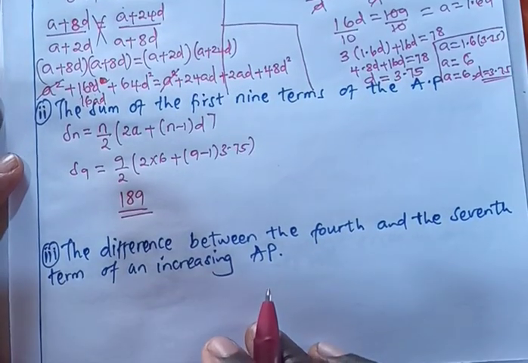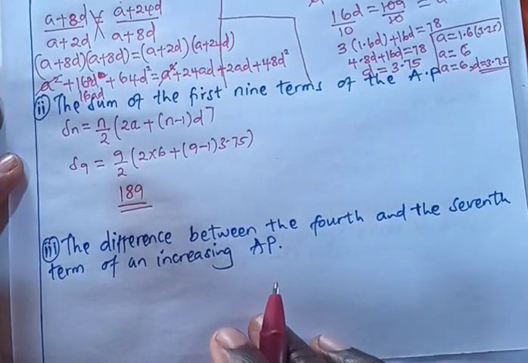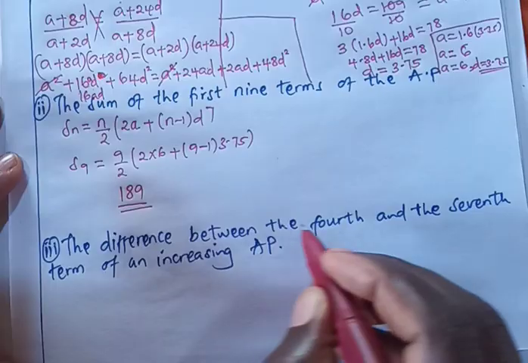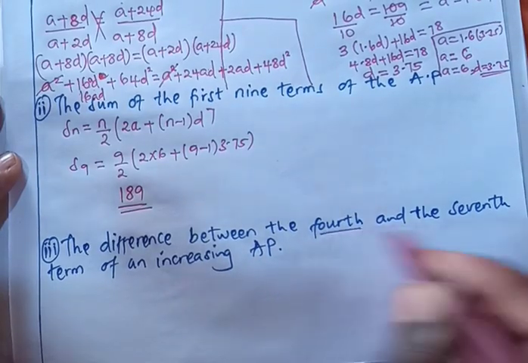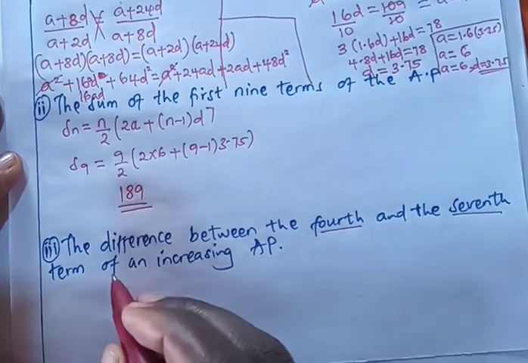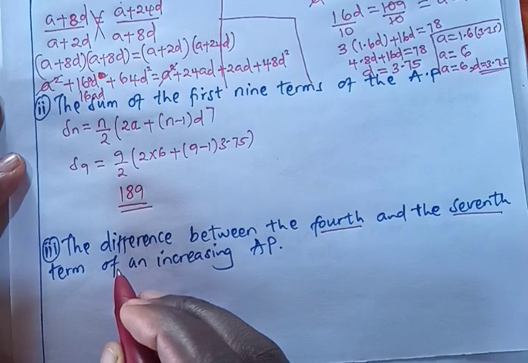Now, what is the difference between the fourth and the seventh term of an increasing arithmetic progression? So we need to underline the fourth and the seventh.